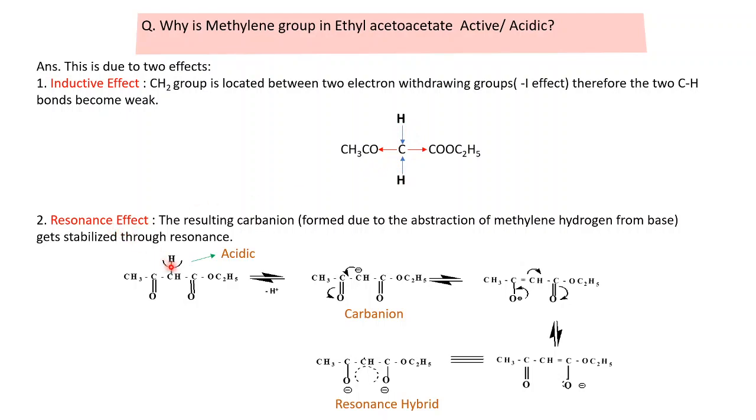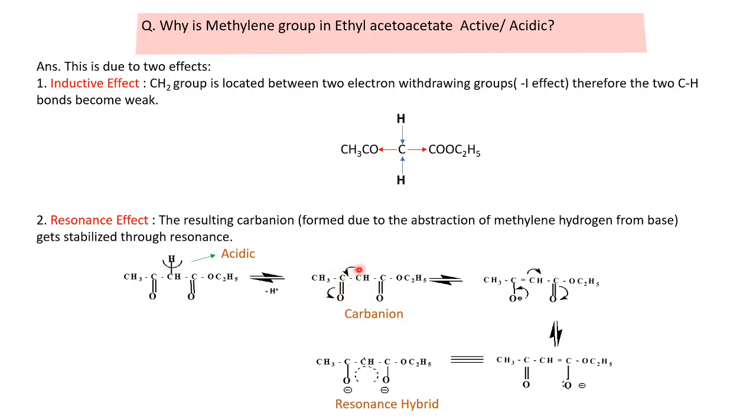Another effect is resonance effect. So here we can see, in presence of a base, if this proton is removed, which is supposed to be an acidic proton, and if it is acidic in nature, its conjugate base should be stabilized. If we remove this proton by means of a base, the conjugate base that is formed in this reaction, the carbanion, gets resonance stabilized.